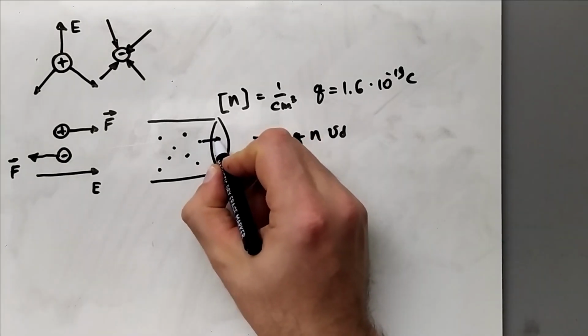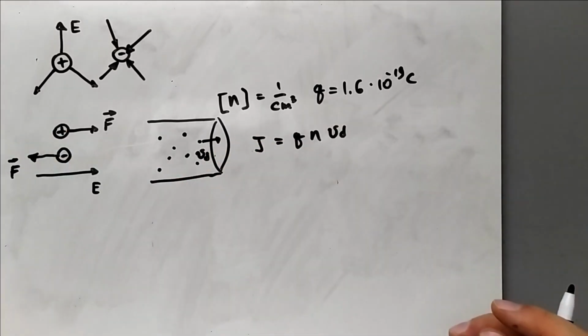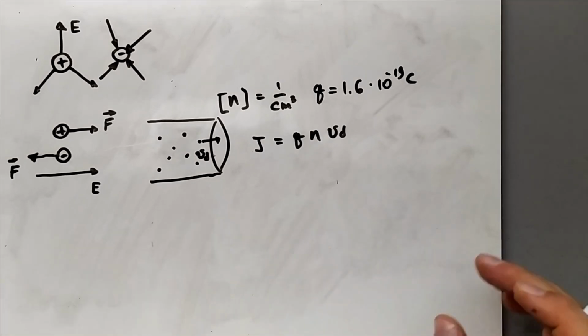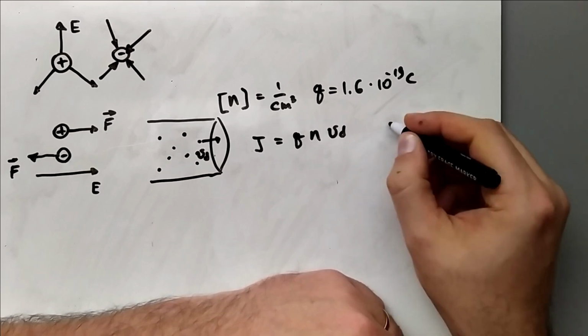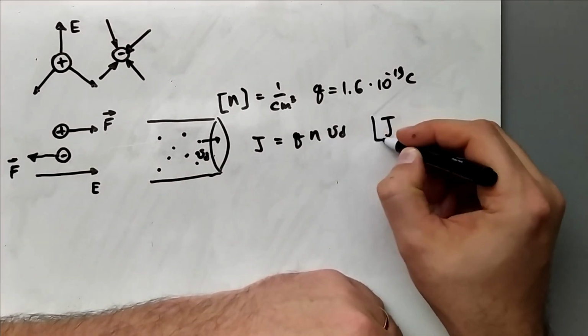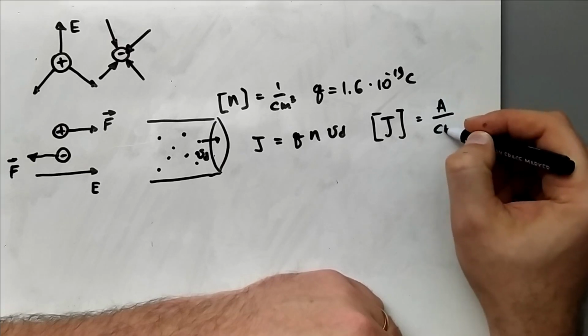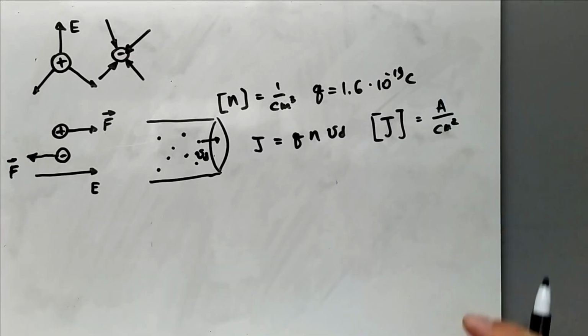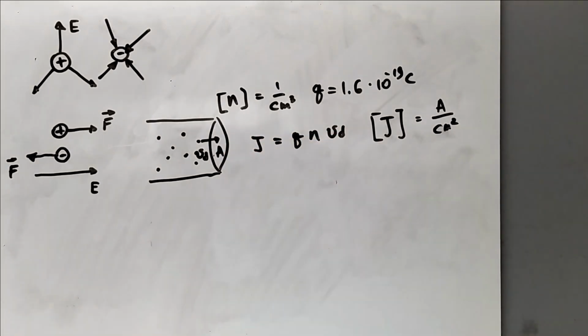So these charges will move with some drift velocity along the metal, because we create an electric field inside the metal. Units for current density are ampere per square centimeter. So if we need to go to current, we just multiply current density by the cross-section area A of the conductor.